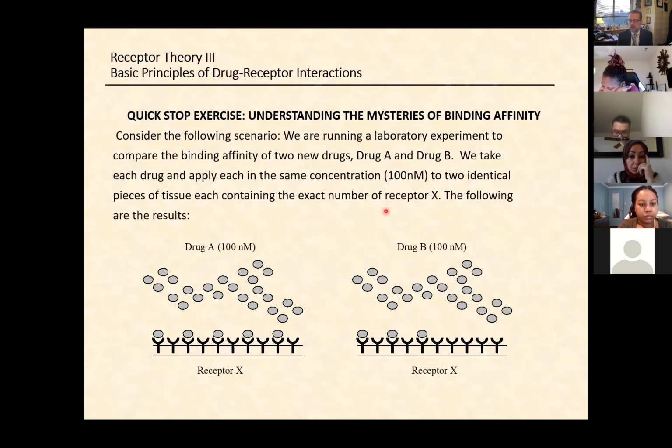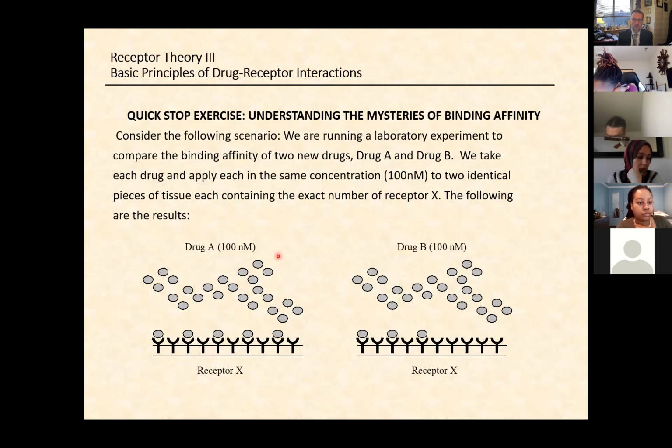Then we're doing drug B, which is a totally different drug, at the same concentration, 100 nanomolar, to the same tissue and receptors, and we see that we get three drug receptor interactions that occur here. Over here we have 5.